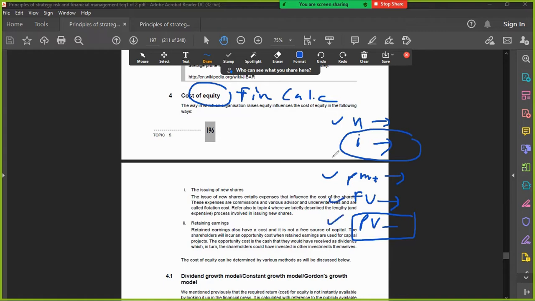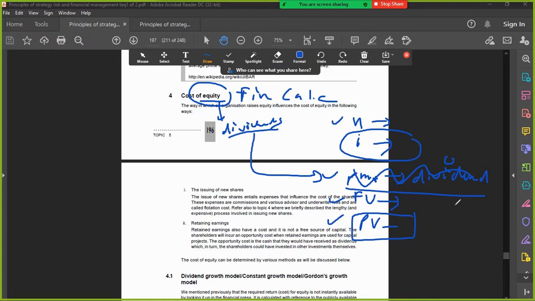Does that make sense? They'll always give me 4 out of 5? Well, not always. It depends if the equity pays dividends. If it does, then you'll have PMT, because PMT is a dividend. It's a cash flow. If there's no dividend, it's 0, and you don't have to worry about it.